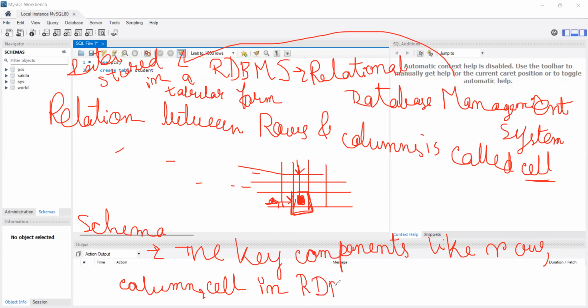Okay. In RDBMS, the key components like row, column, cell are defined as schema. Okay.